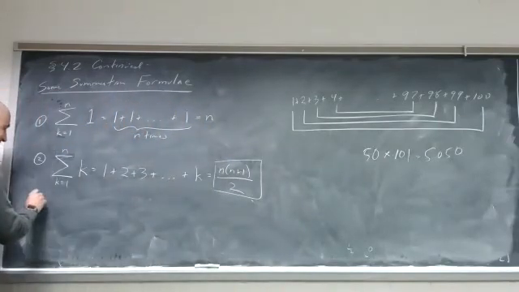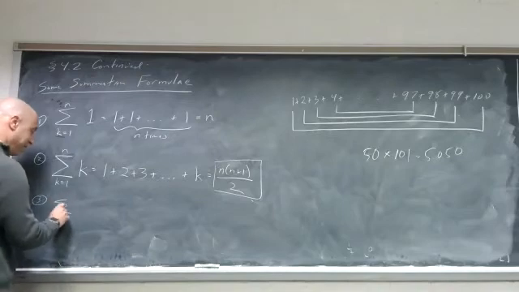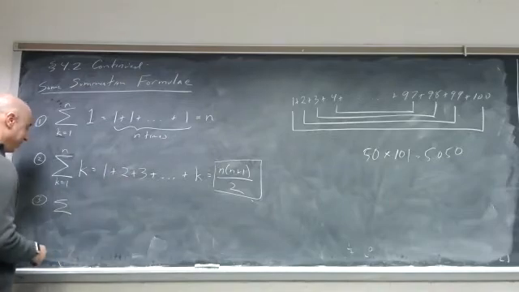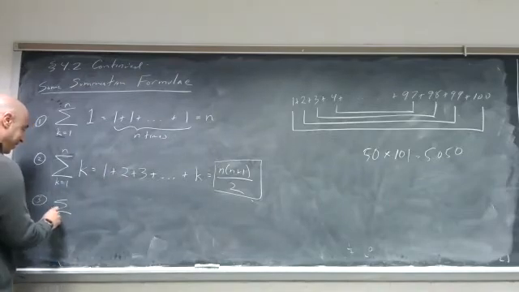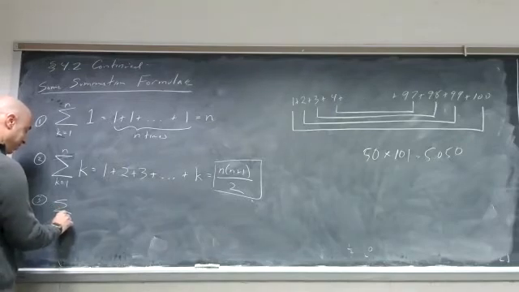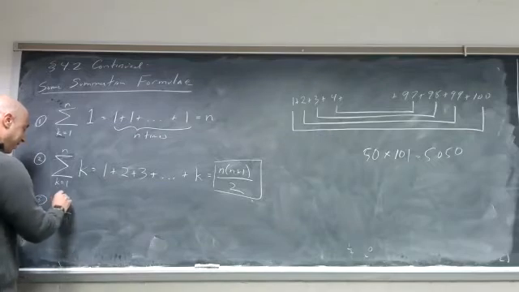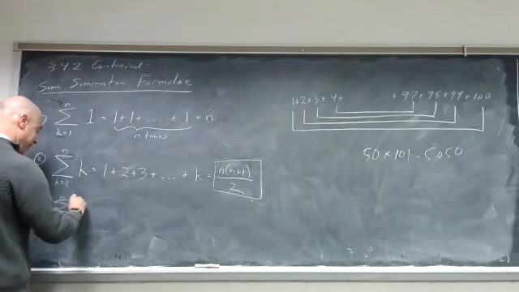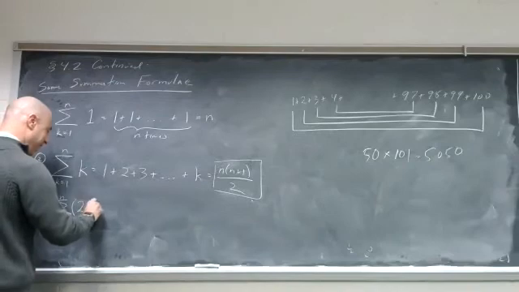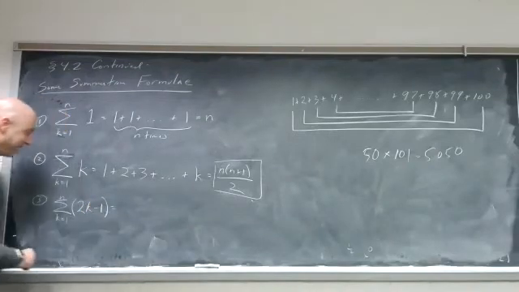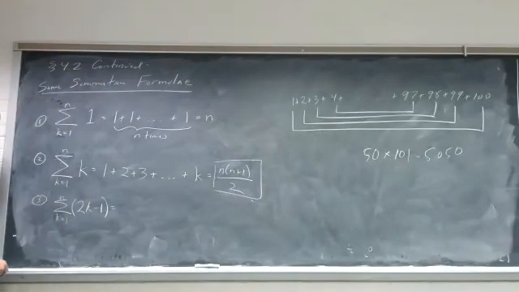How about this? That's the sum of the first n numbers. Let's say the sum as k goes from 1 to n of 2k minus 1. This is the sum of the first n odd numbers.